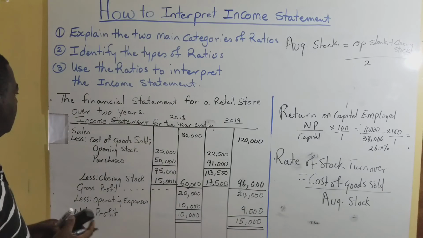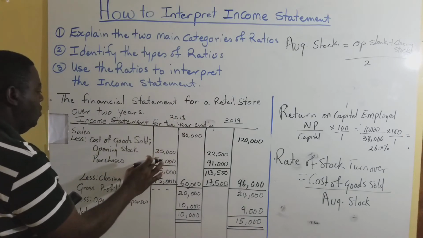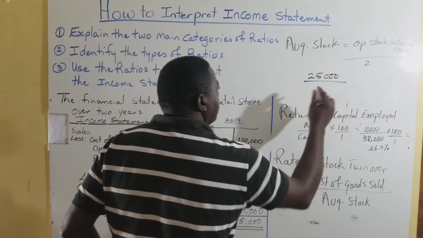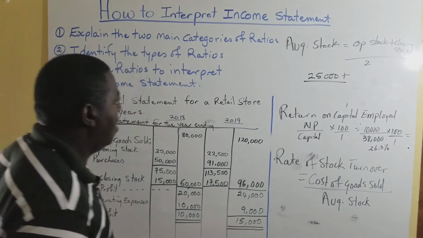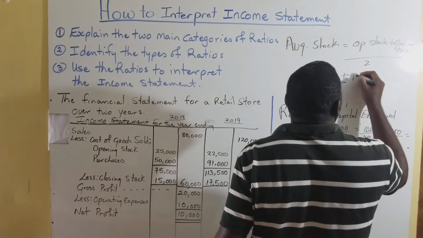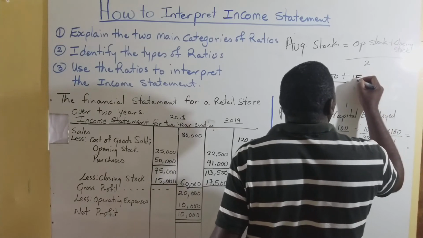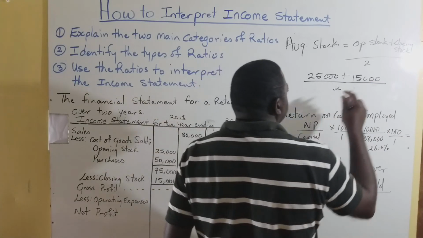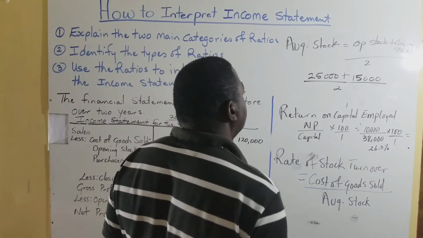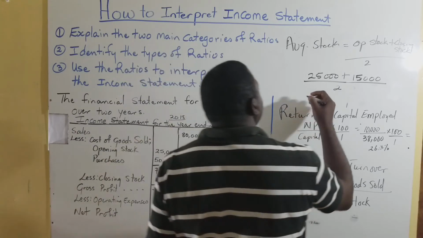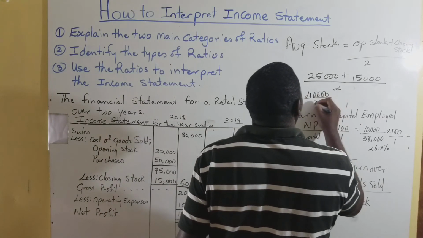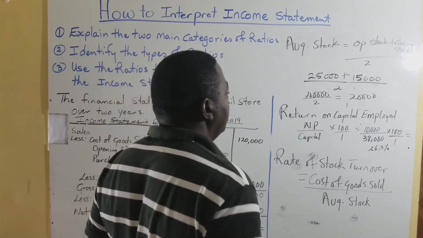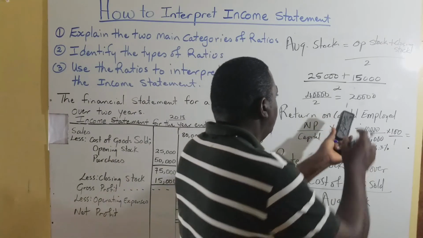In this case, for 2018, the opening stock is 25,000 plus the closing stock, which is 15,000, divided by 2. So it is 40,000 divided by 2, which is going to be 20,000. The average stock would have been 20,000.